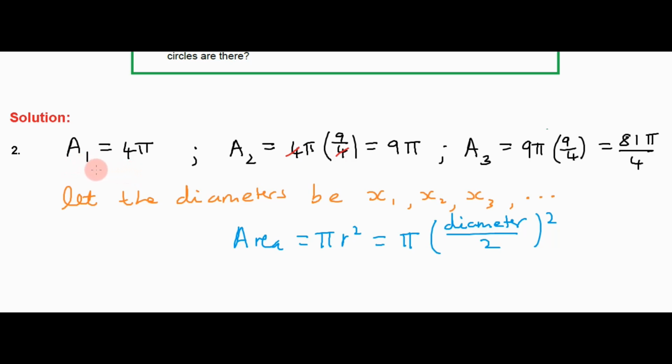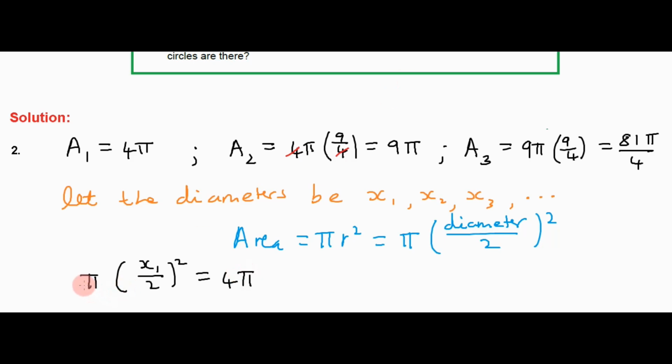So let's rewrite the areas A1, A2, A3, etc. in terms of the diameters x1, x2, and x3, etc. So we have A1 is 4 pi. Using this formula here, we now know that pi multiplied by x1, the diameter of the first circle, over 2 all squared must equal 4 pi.